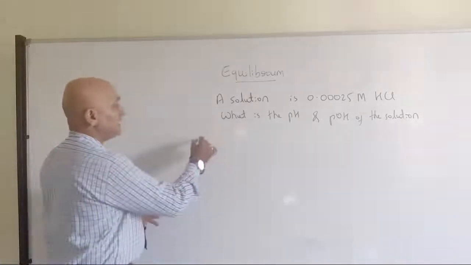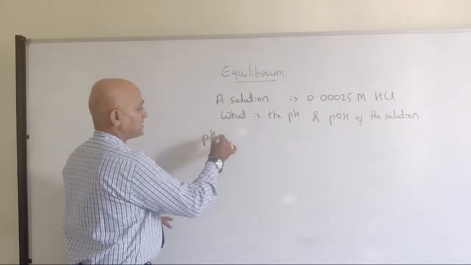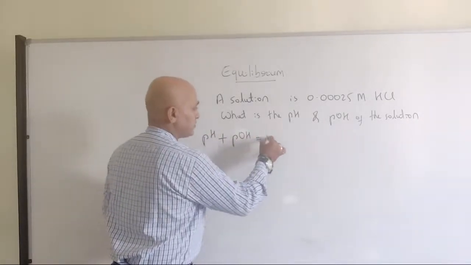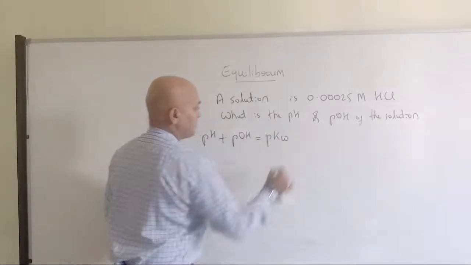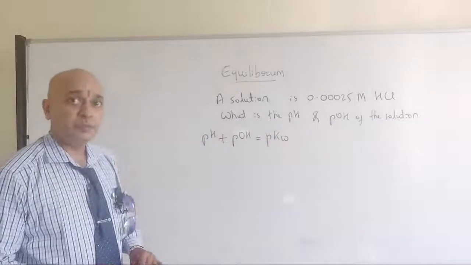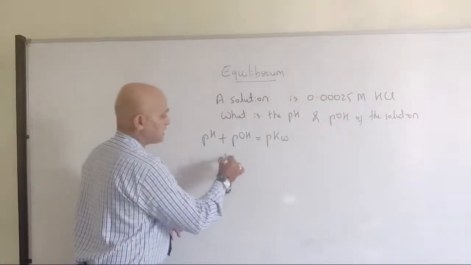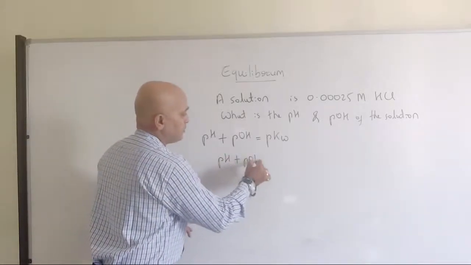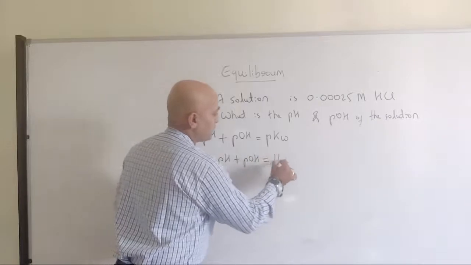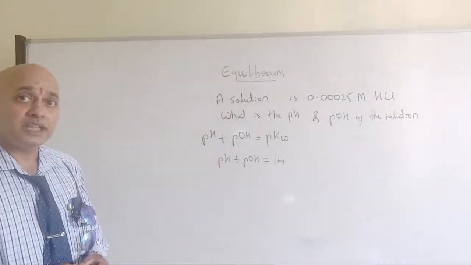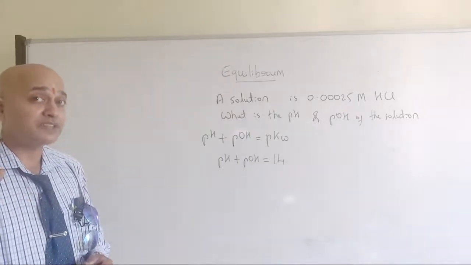We should use the equation pH plus pOH is equal to pKw. So pKw is nothing but 14. Therefore pH plus pOH is equal to 14. Kw, 1 into 10 to the power of minus 14, was there.